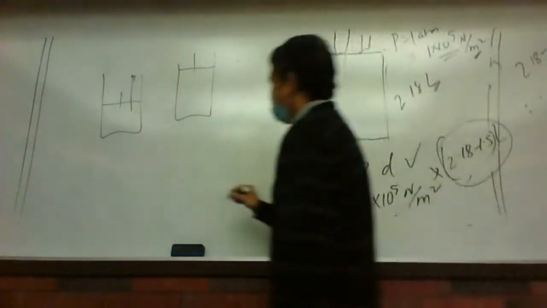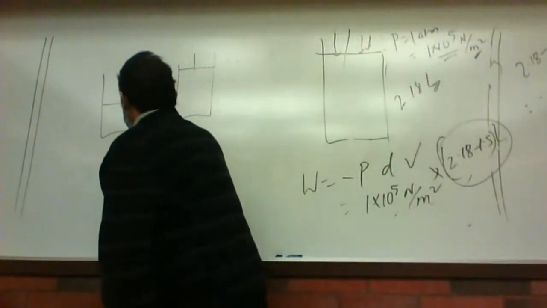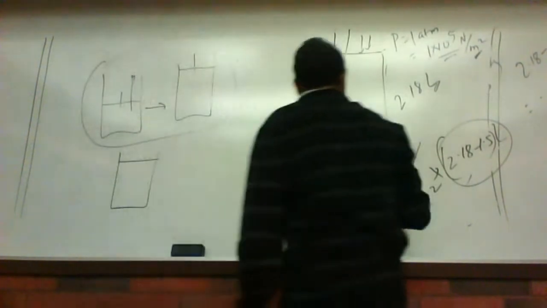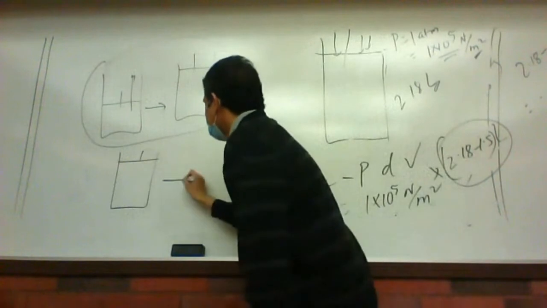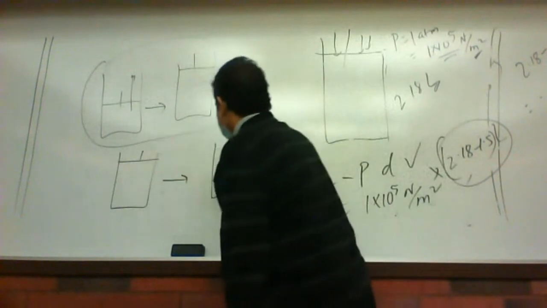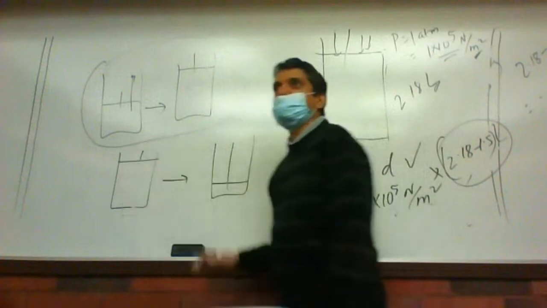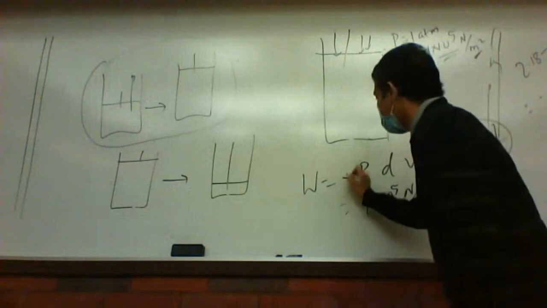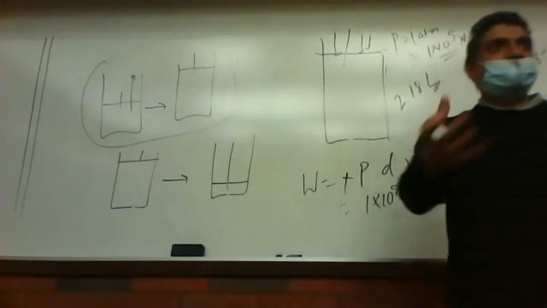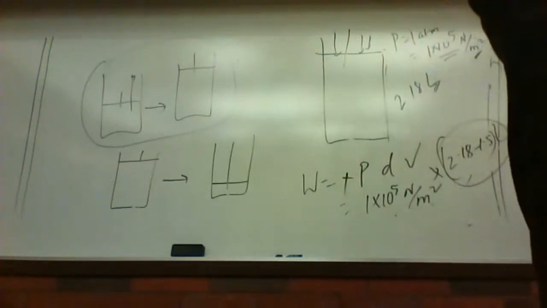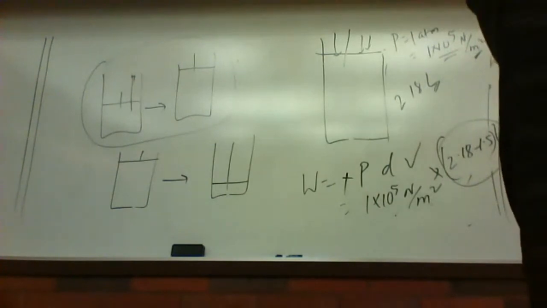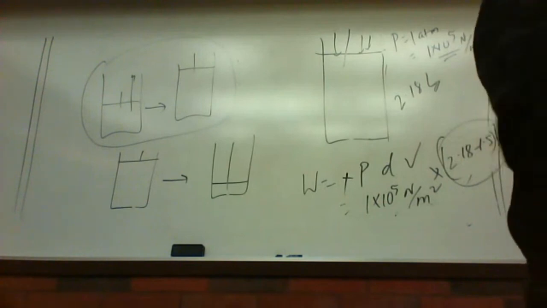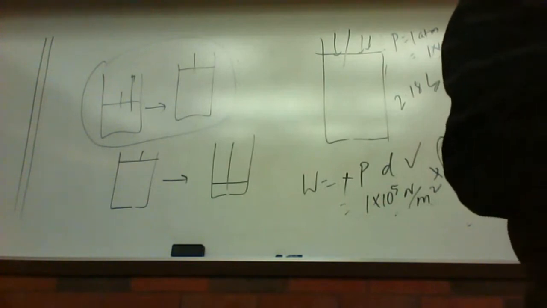But if the gas is being compressed, so let's say the piston is at the beginning here, and you push this piston down and the volume decreases, at that condition we give the plus sign. So if you are expanding the gas, the piston is moving up, and you are calculating the work, give it a negative sign. If you are pushing the piston down and the volume is decreasing, give it a positive sign.